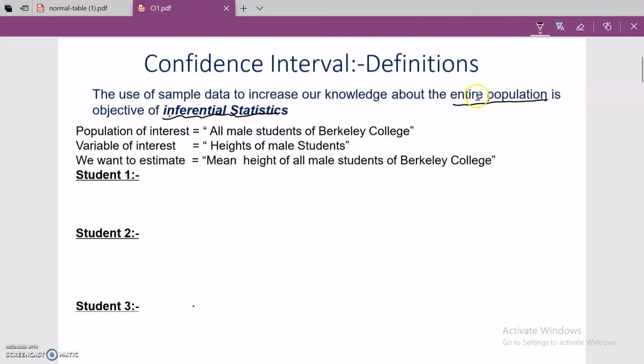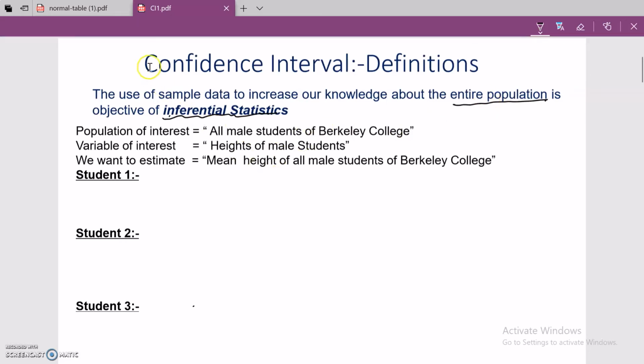So instead, we select a sample, a small part of the population, and then we try to make a prediction, an estimate, or an inference about that property of the population. That property may be the population mean, the population standard deviation, or the population proportion.